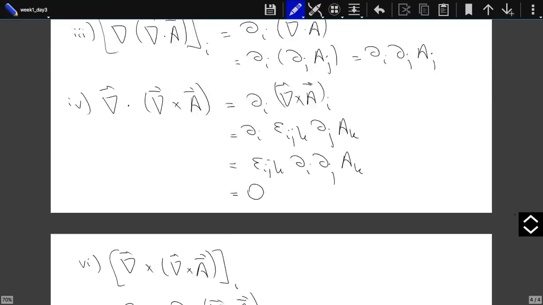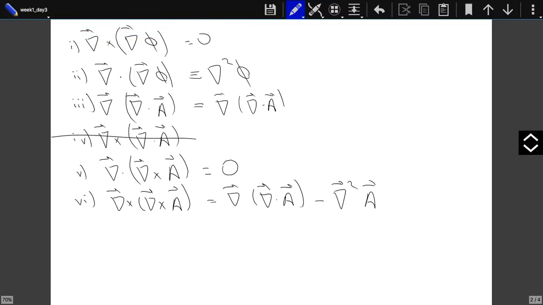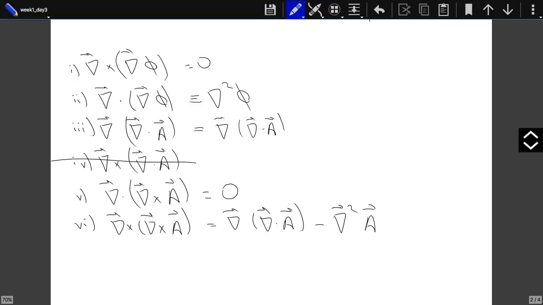So if you look at over here, let's go back here. We said that this is equal to the gradient of the divergence of A minus the Laplacian of the vector field. So basically, we end up having only two different second derivative operators. One is the Laplacian, the other one is the gradient of the divergence.